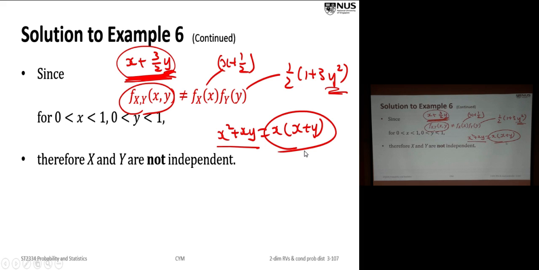Or maybe something like this. Then it's obvious. So now, 2x plus xy can be factorized as x times bracket 2 plus y. So then there may be a possibility that it's equal to the marginal of f of x times f of y.